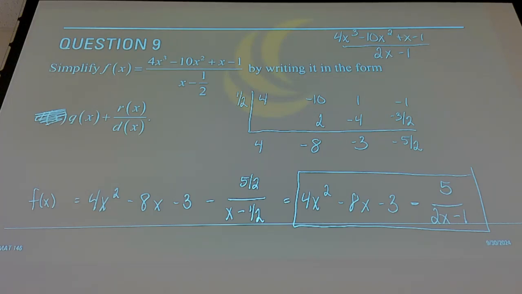That should give you some kind of clue how you can use synthetic division for linear divisors that do not have a leading 1. But again, I'm not going to focus on that in this course.